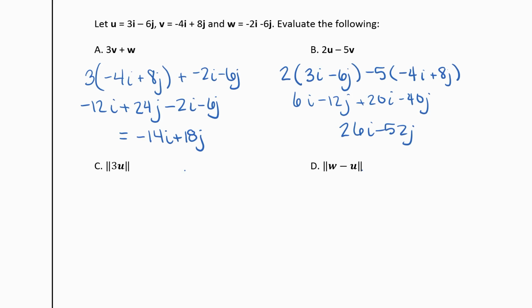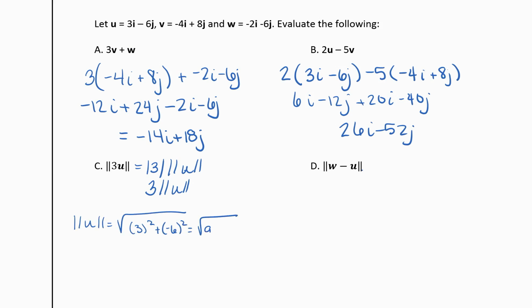Okay, next we want the magnitude of 3u. So our little theorem up there told us this is the same as the absolute value of 3 times the magnitude of u. So this would just be 3 times the magnitude of u. So the magnitude of u, we're going to take the square root of 3 squared plus negative 6 squared.